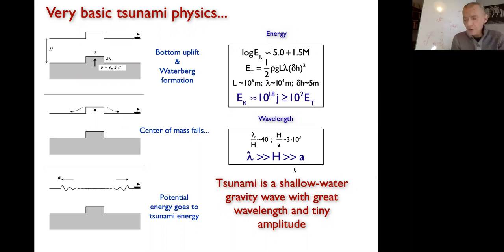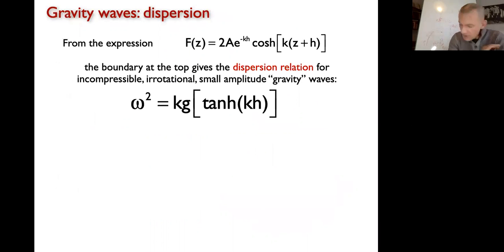Is it the end of tsunami physics? No, it's not. And you can take different approaches to model and to study tsunamis. The typical one is coming from fluid dynamics. You could say, of course, it's a gravity wave. So if you go back to your fluid dynamics courses, you can study Euler equations.